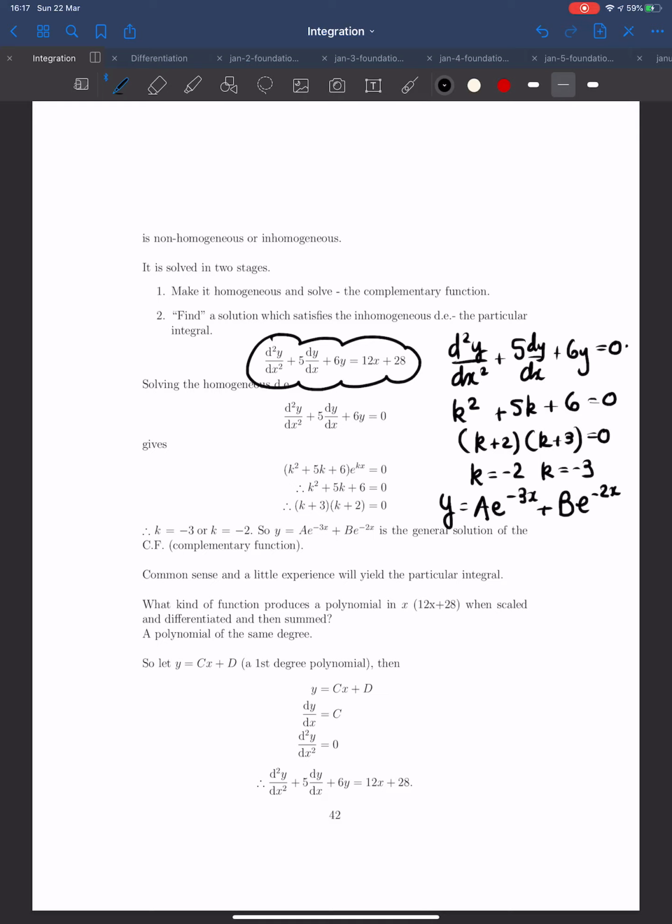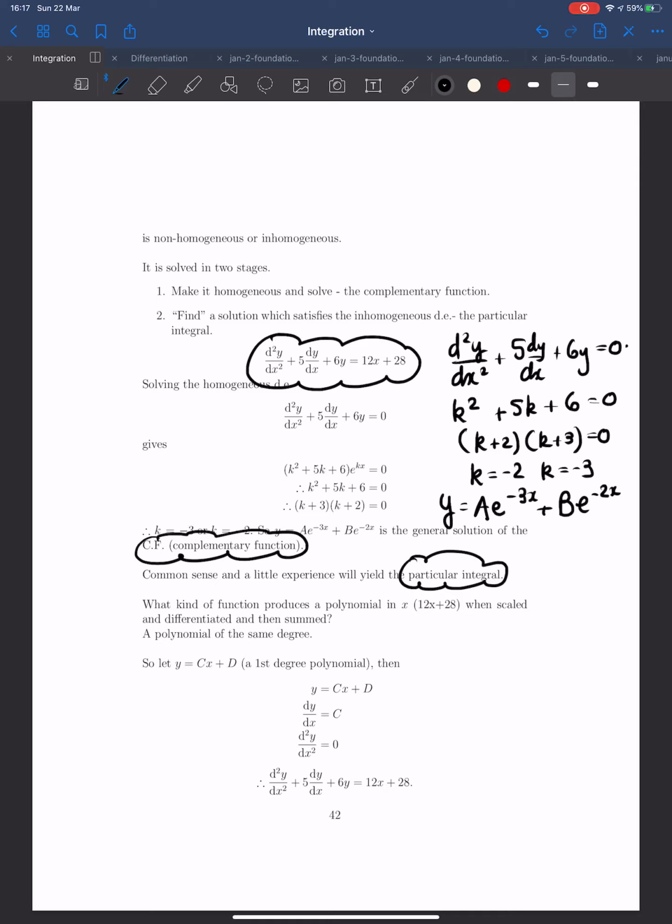Now, we need the particular integral. That first bit's the complementary function. Now we want the particular integral, and that's the function that when you substitute it into the left-hand side gives the right-hand side.